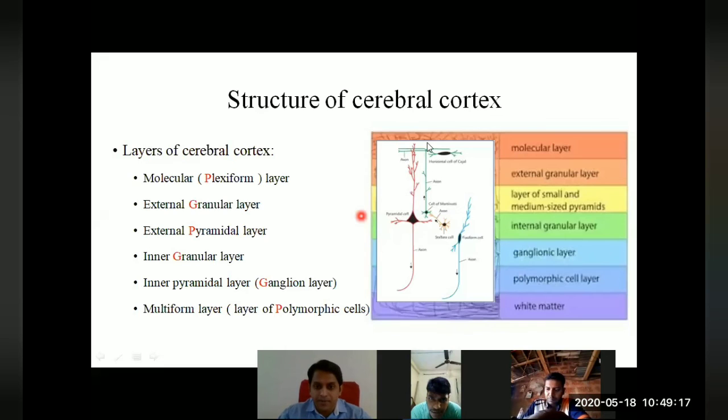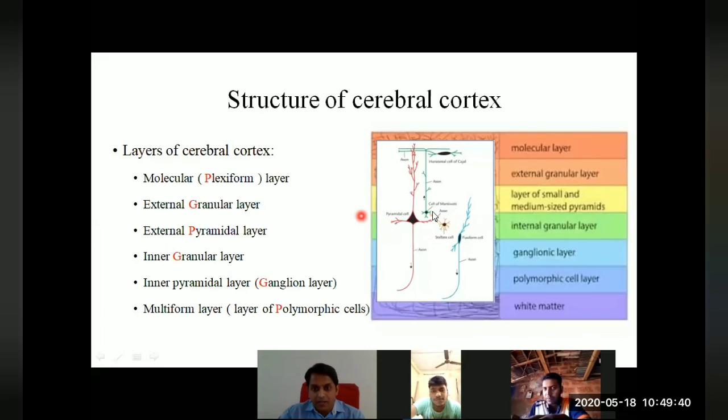The other cells which are present are stellate cells. Stellate means star-shaped. They are also called granular cells. These granular cells produce a dusty or dusky or cloud-like appearance within the cortex, and so that area is also called coniocortex.